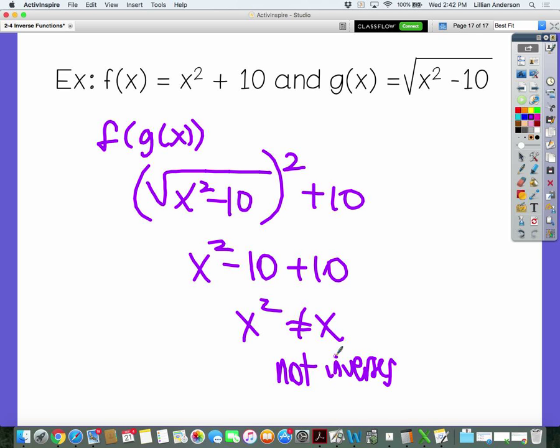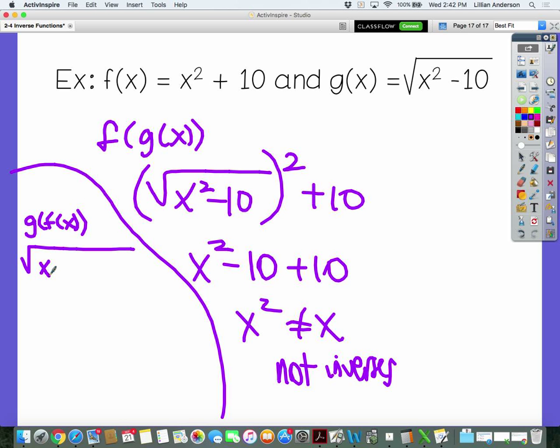Yes? If you were plugging in f into g, why wouldn't that whole piece of... Well, when you plug f into g, that's different. When I plug f into g, I have x squared plus 10.